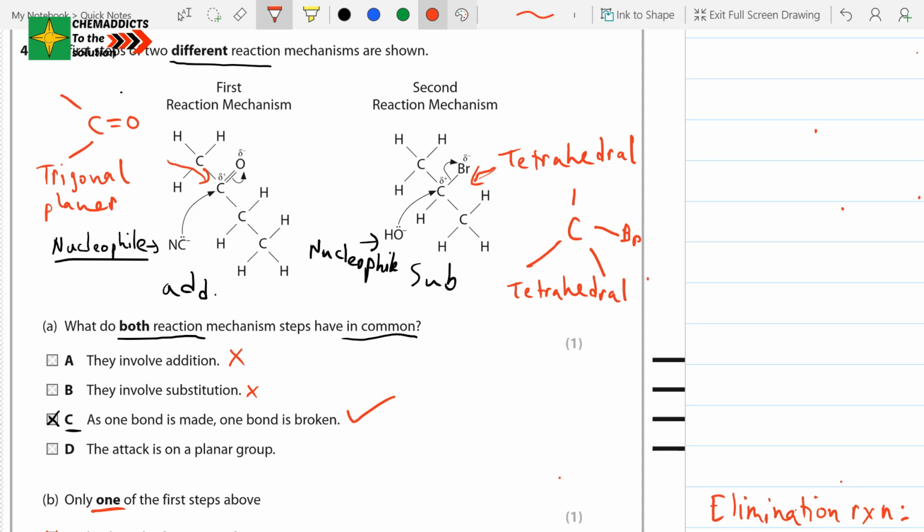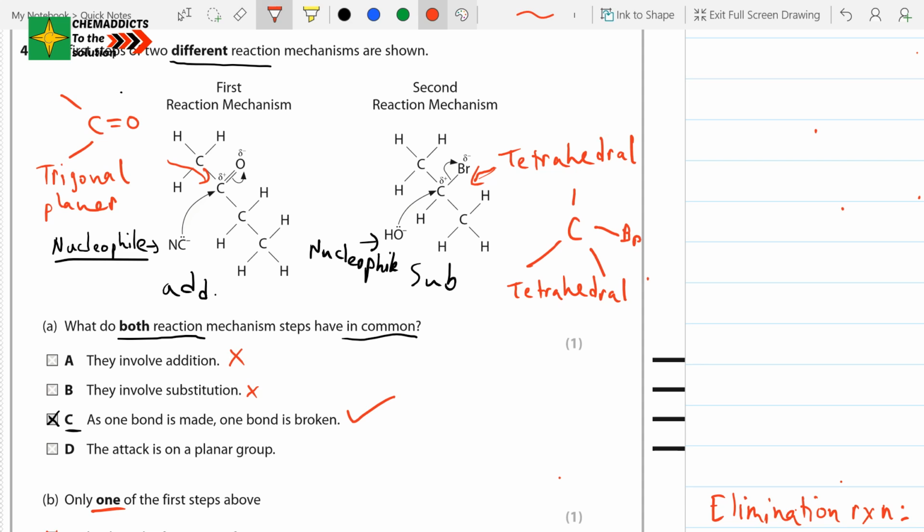So here, after being attacked by this nucleophile, this nucleophile gets joined with this carbon atom, forming O minus over here.